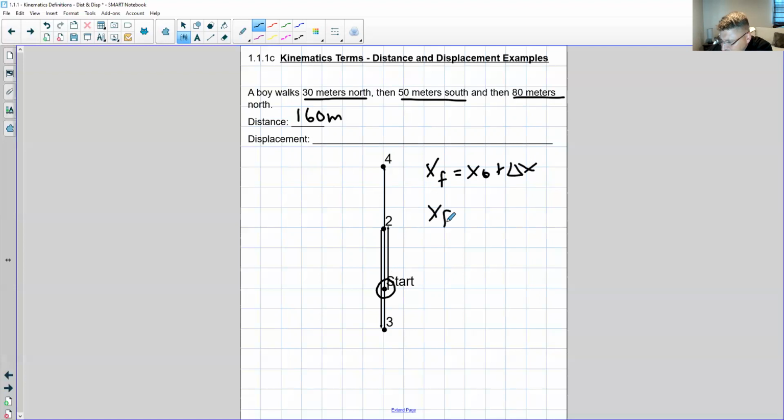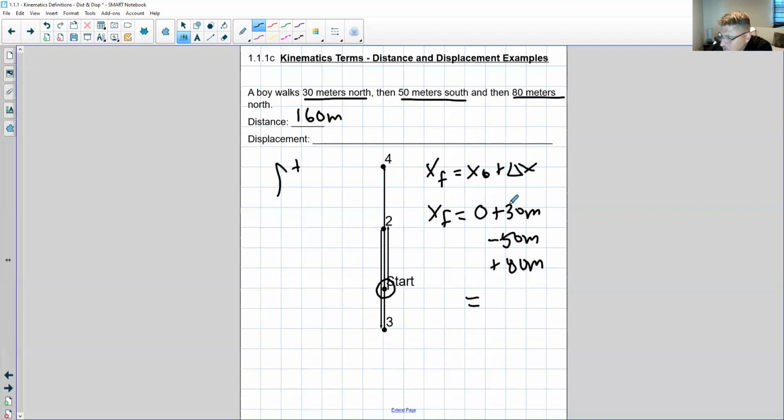So the final position is equal to 0, and then we have a contribution of plus 30 meters, because again, we're going to call north the positive direction. And then we go minus 50 meters and then plus 80 meters.